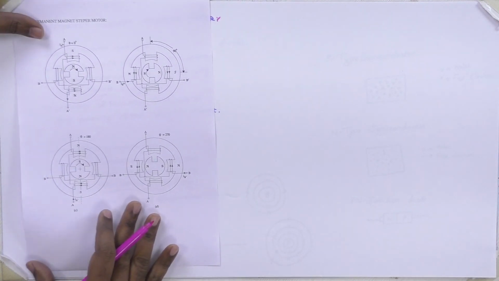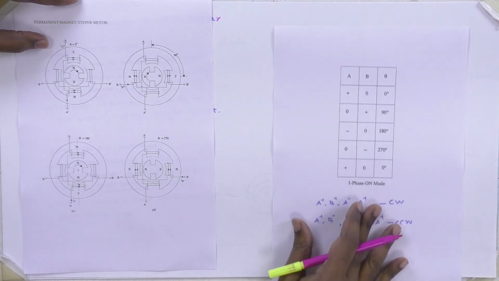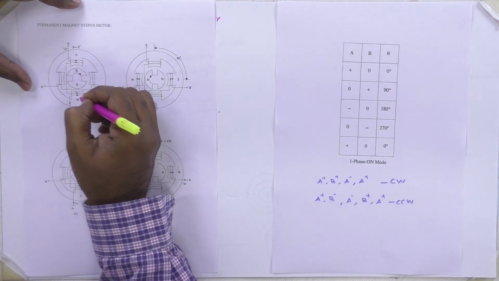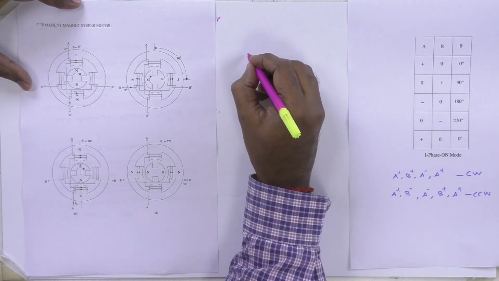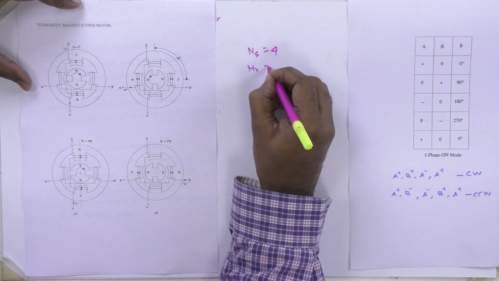Now see the construction of the variable reluctance stepper motor. The number of stator poles is 4, and the number of rotor poles is 2.